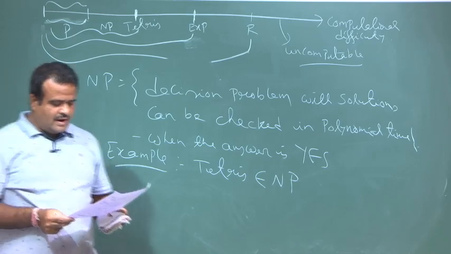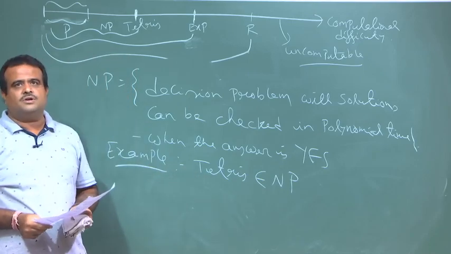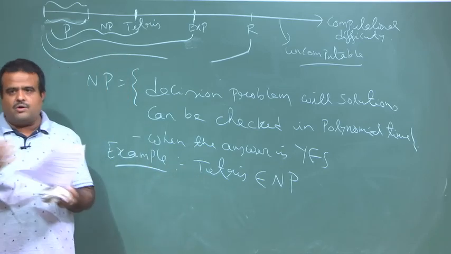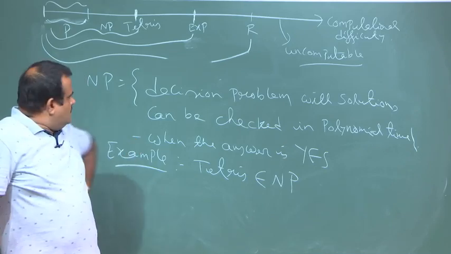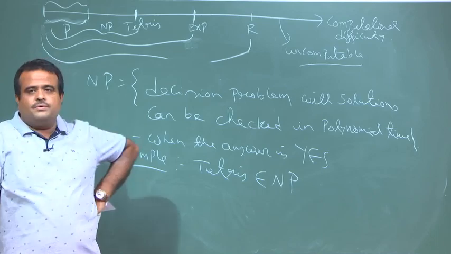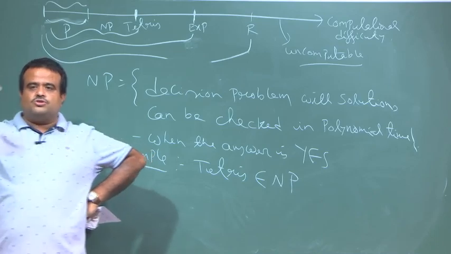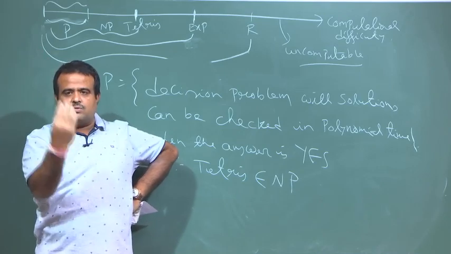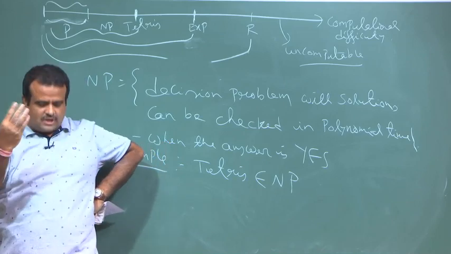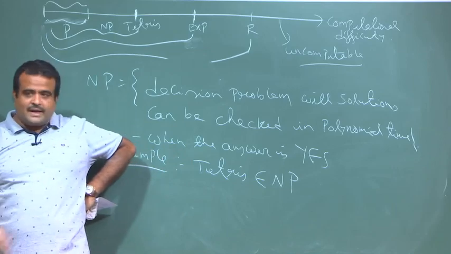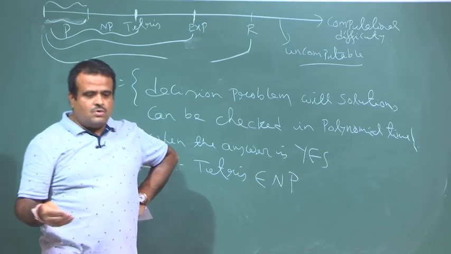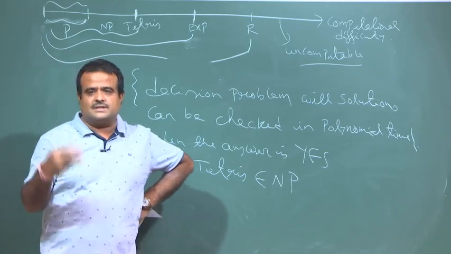And Tetris belongs to NP, because we can very well have a non-deterministic algorithm. Always, by magic, we will choose whether we can fit this way. Always we can have a guess algorithm which can lead us to whether we can survive or not.